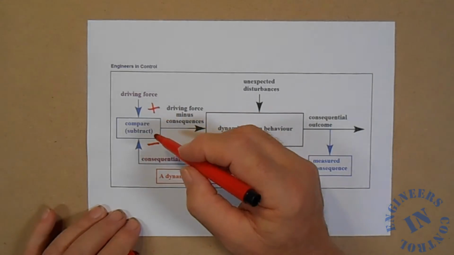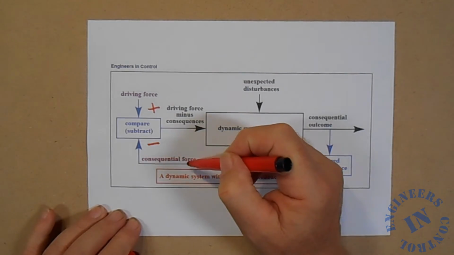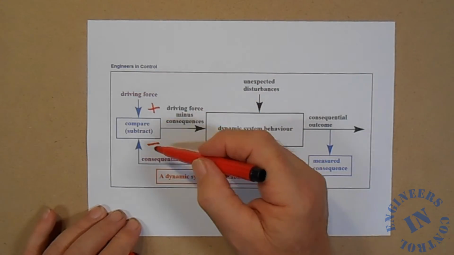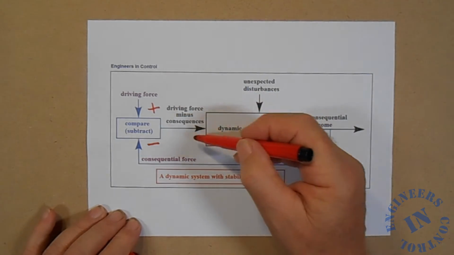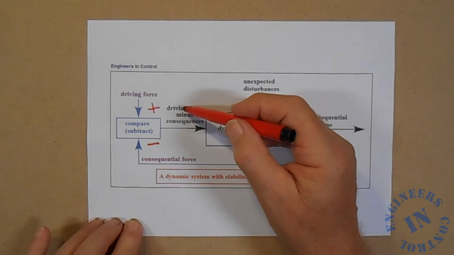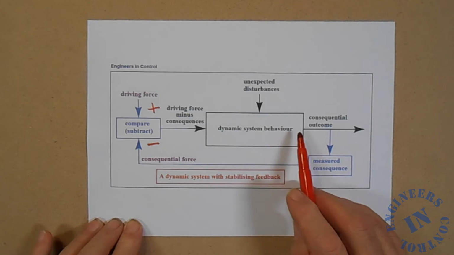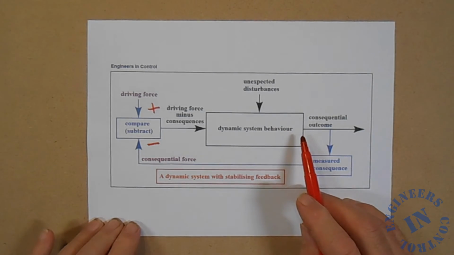So we are, in fact, subtracting what I've called here the consequential force from the driving force, and we get a difference between the two. So the driving force minus the consequences, and we use that to drive the system dynamic behaviour.